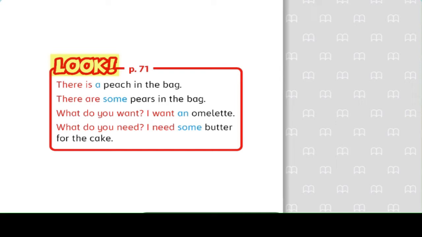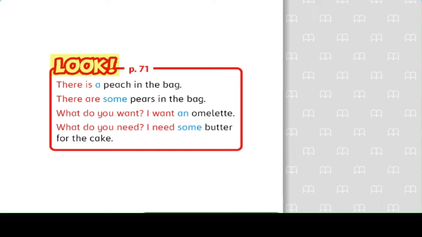For example, if I say a chair, I mean one chair, two chairs. So two chairs here are countable or plural. So a chair is a noun that we can count. So we can add a number before it and add s at the end of it.